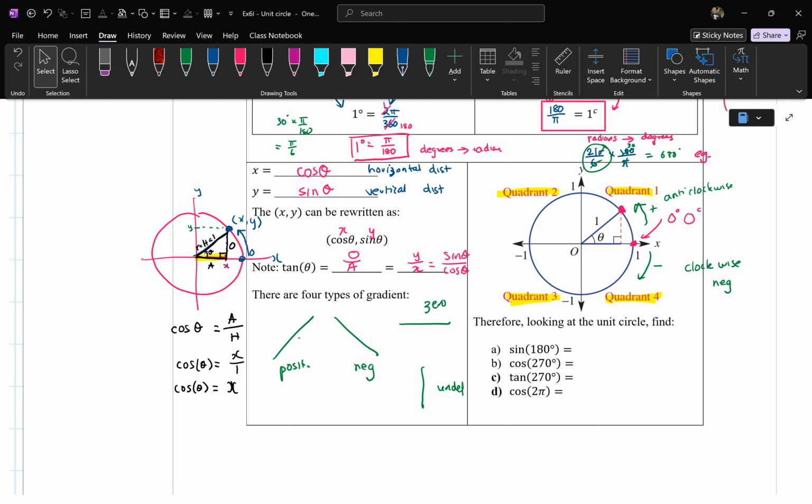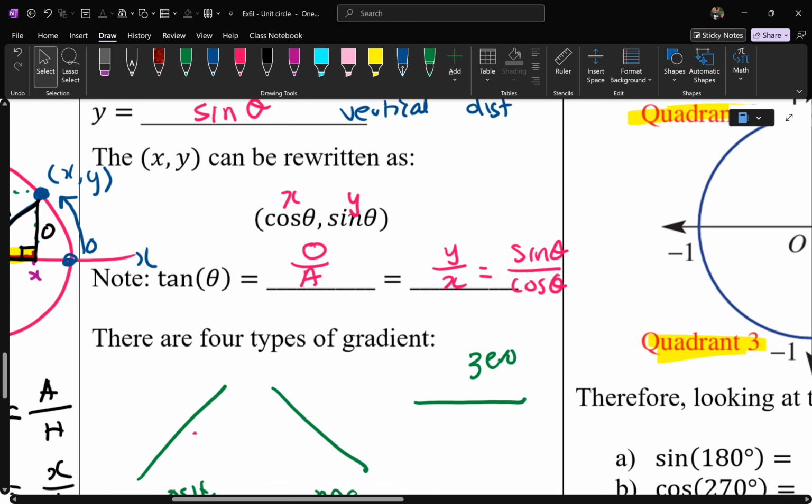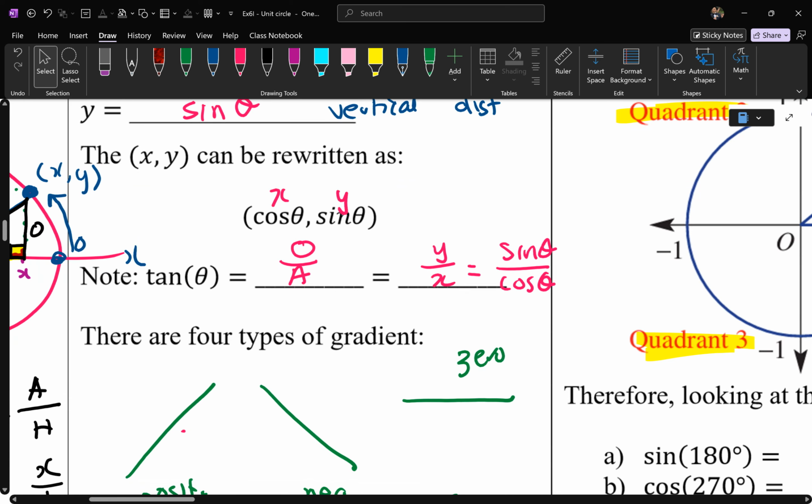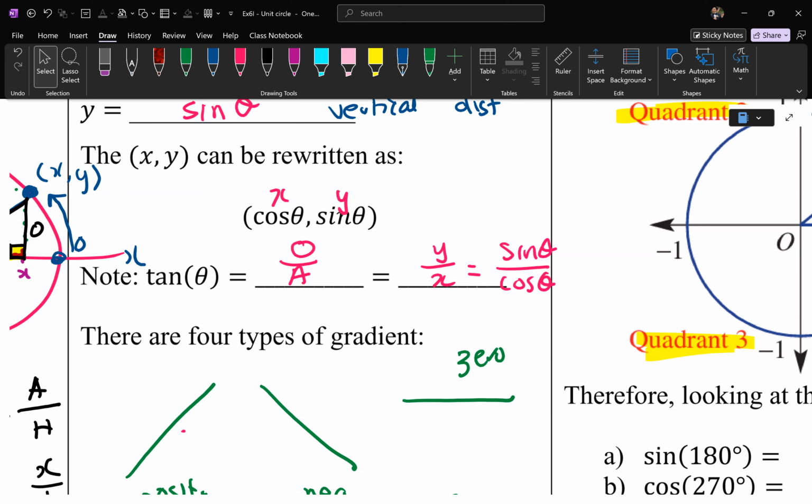Andrea, you can zoom into when you know tan theta equals. Yeah, so tan of theta is opposite over adjacent. Opposite from the triangle we can see is the height. Adjacent is the horizontal length. Y over x, well, y we just figured out was sine theta, and x is cos theta.